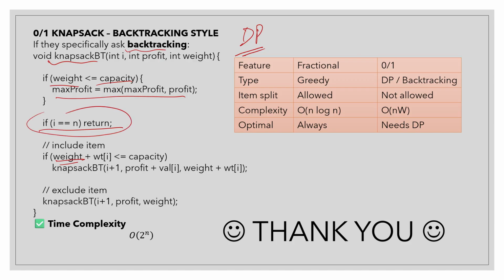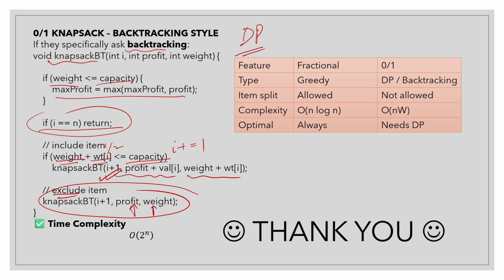If your current weight plus the weight you are adding, suppose half, is still not exceeding your capacity, then you add it to your profit and weight and you increment the counter by 1. Otherwise, you simply don't change the profit and weight if you are excluding the item. Please remember this. If you are excluding the item, you do not have to change the profit and weight.